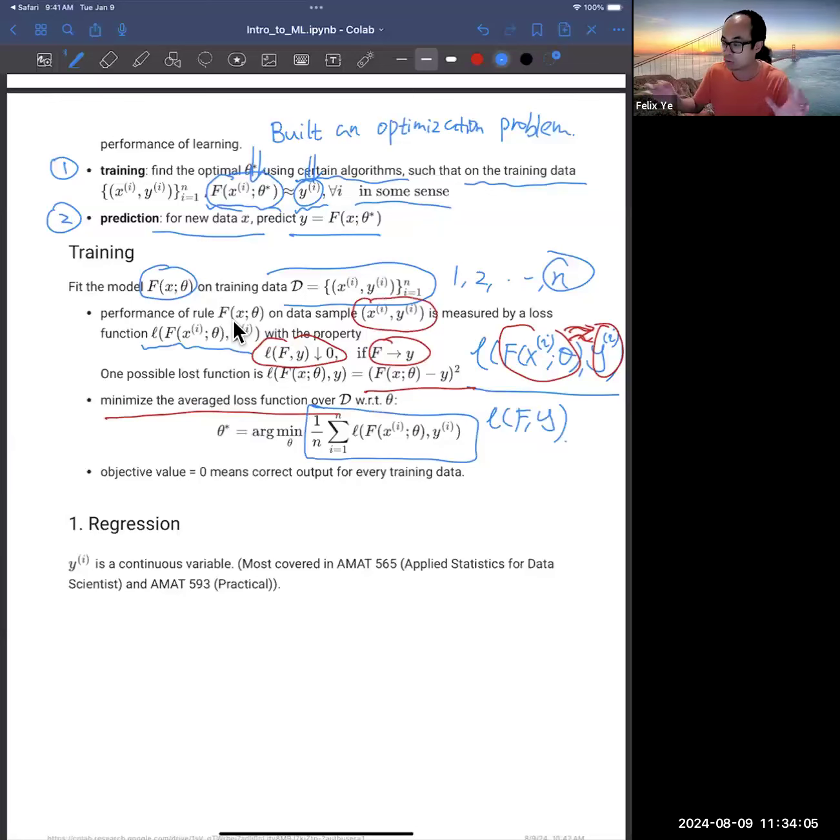We sum all these losses for i from 1 to n, and divide by n. So this is the average loss function. Then we want to minimize this loss function with respect to theta. So this actually becomes an optimization problem.